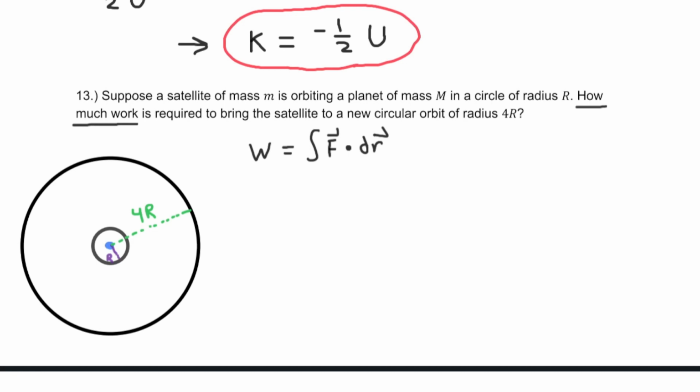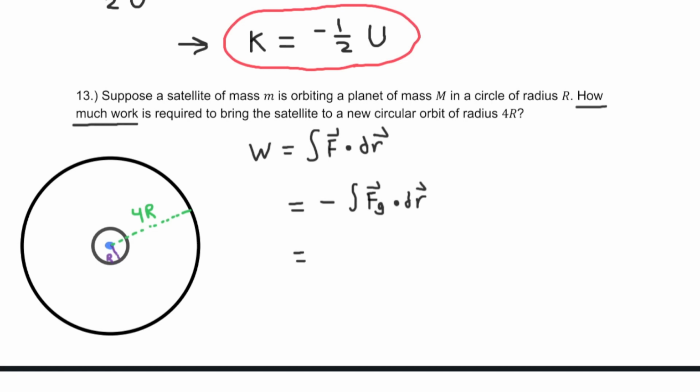So if we're going from a close orbit to a far orbit, we have to beat the gravitational force in order to do that. So it's just going to be the negative of the integral of the gravitational force dotted with dr. Because we're going against it.